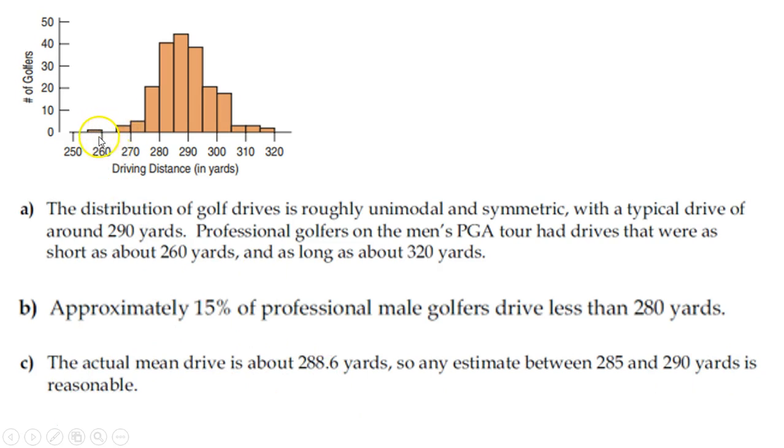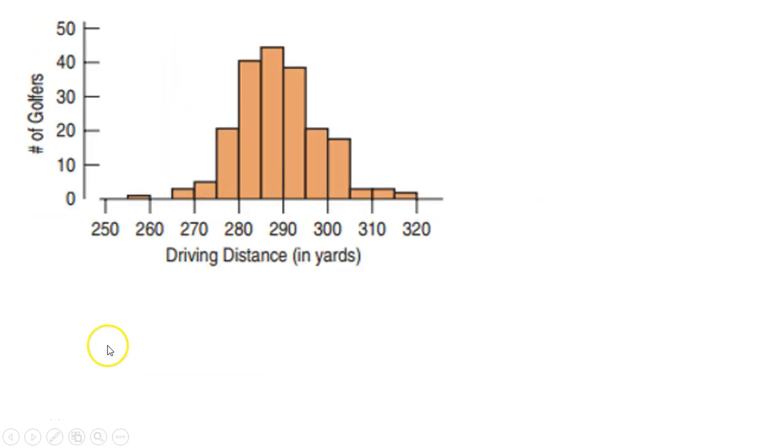Basically, a 255 drive happened once. You would say that a 265-ish happened about, you could add these all up. The 275 to 280 drive happened about 20 times. So you could add them all up and get it the long way. But if you were to estimate, because it's unimodal, it looks like the median and the mean are about the same, pretty close. So it's probably between 285 and 290.